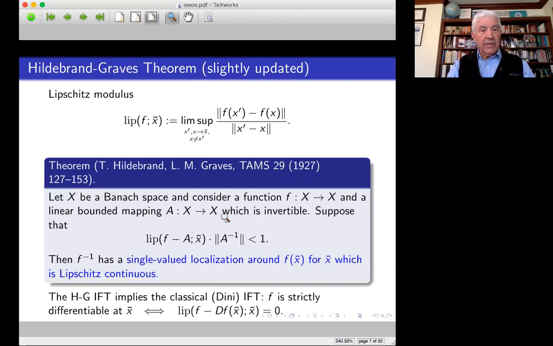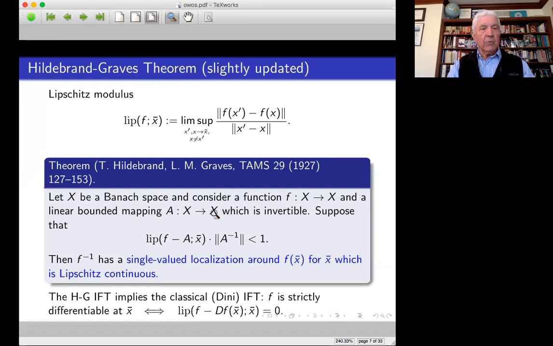And also we make the following main assumption, and the only assumption here, that the Lipschitz modulus of the difference between F and the linear operator A, at the point X bar, times the norm of the inverse of the operator A is less than 1.